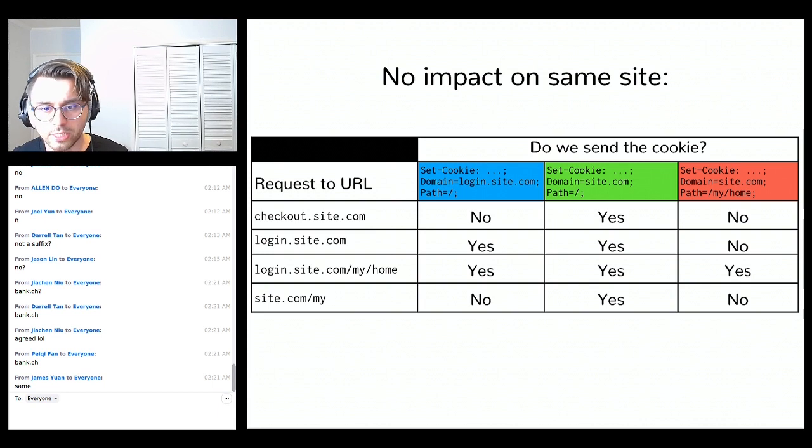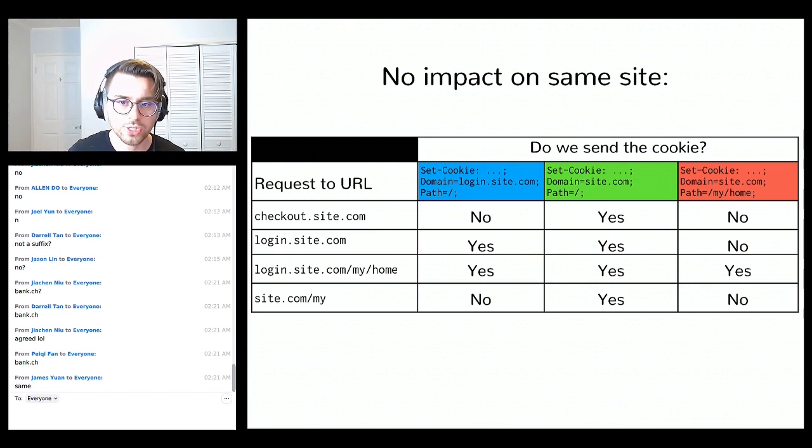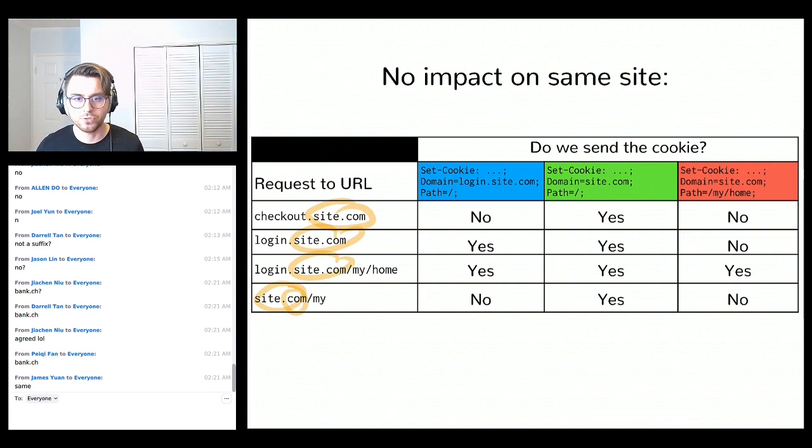Now here, this thing is called same site and not same origin. What this basically means is the top level domain. So checkout.site.com is the same site as login.site.com, which is the same as site.com. So sites basically just look at the top level domain. What this means is that the whole fill-in sheet we looked at before of which cookies get sent where stays the same.